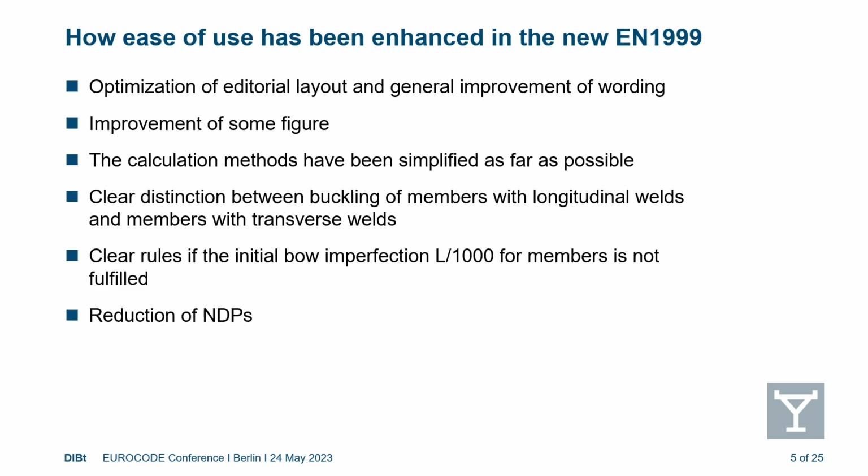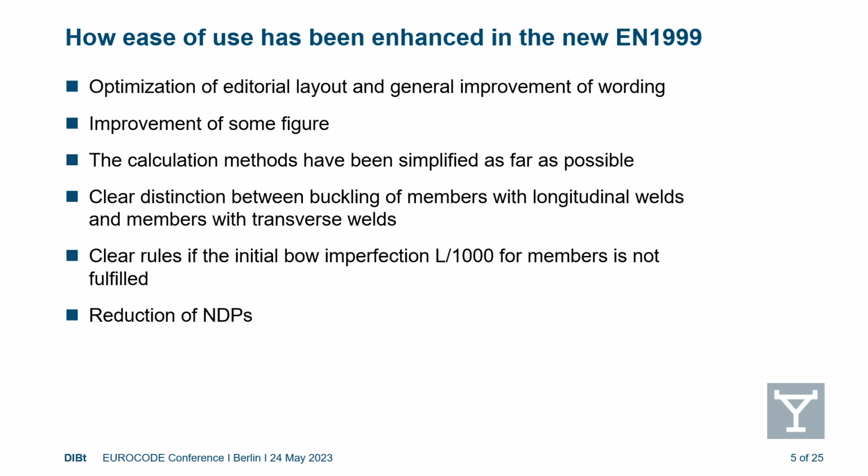So, in which way did we enhance the use of Eurocode 9? First of all, optimizing the editorial layout, general improvement of wording, improvement of figures. The calculation methods have been simplified as far as possible.